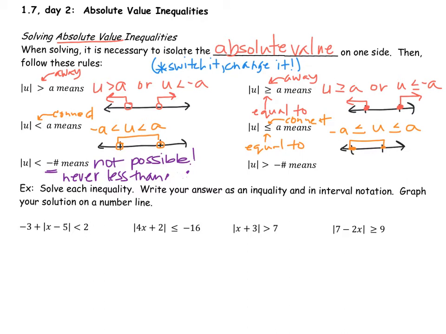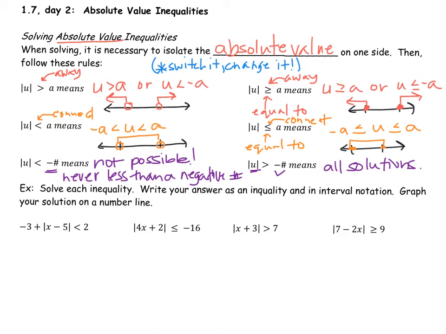And then the rule in the other direction, absolute value is greater than a negative number. Well, absolute values, since they're always positive, they're always greater than a negative number, so that means all solutions. That will always be a true statement.